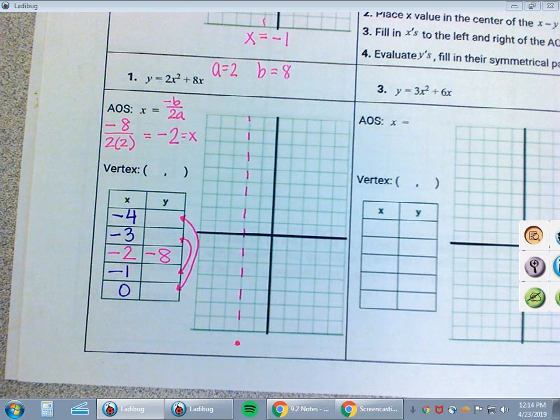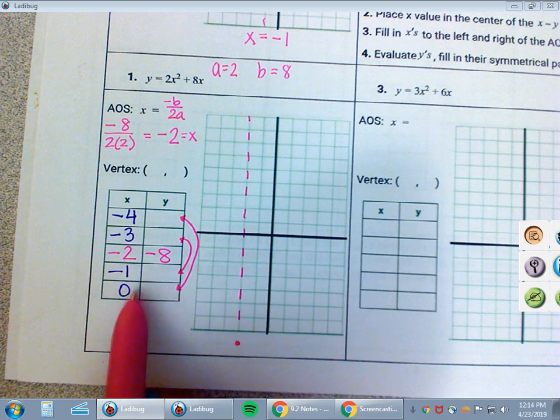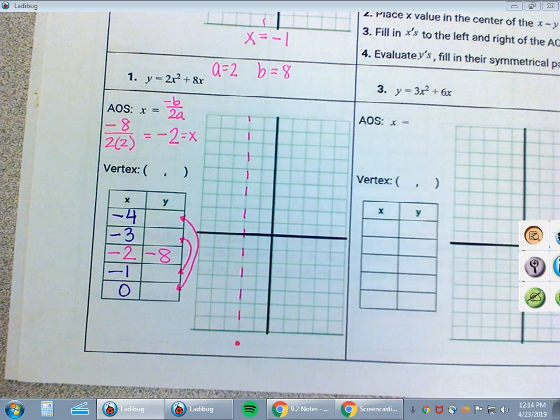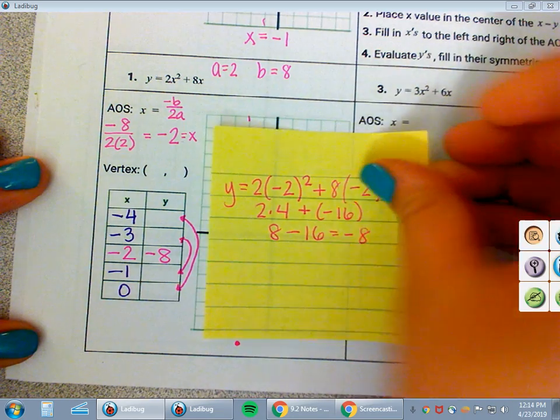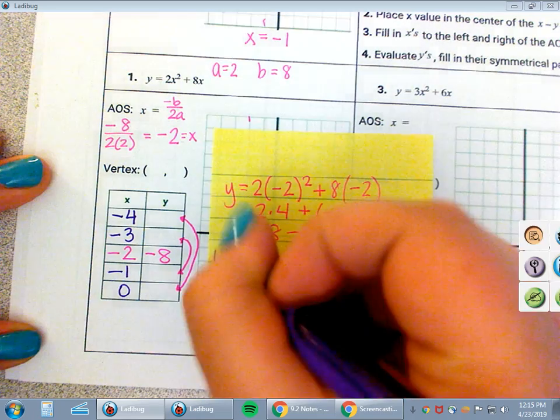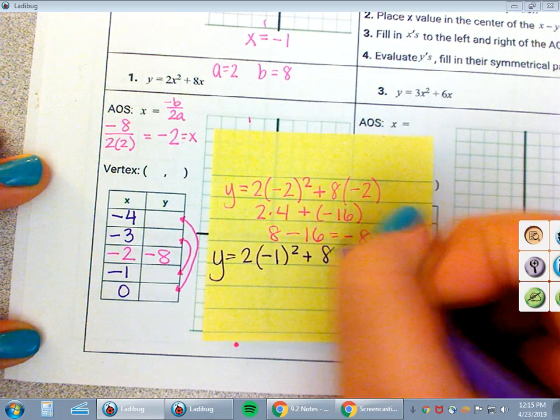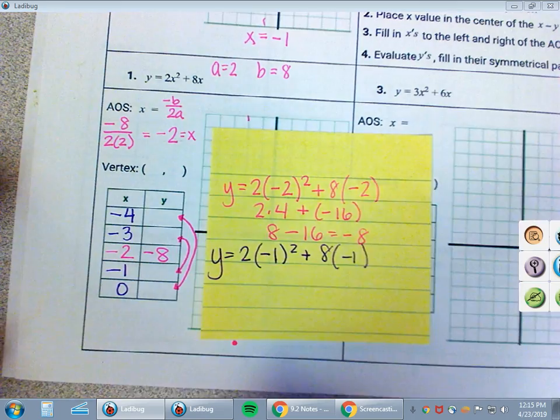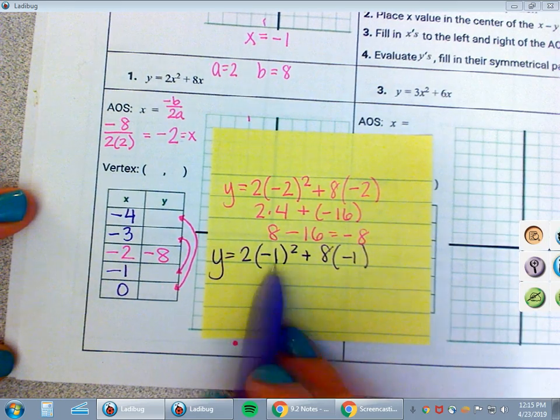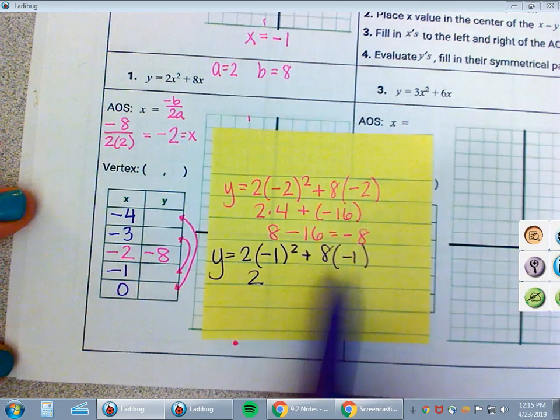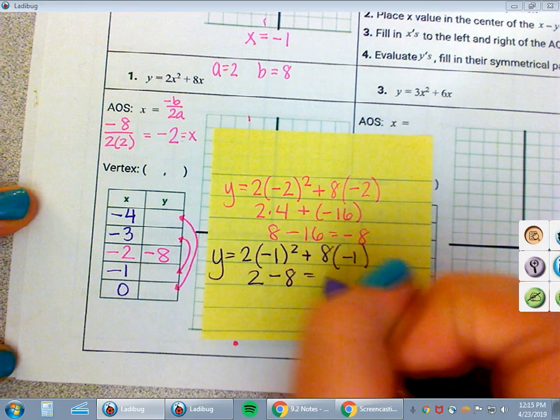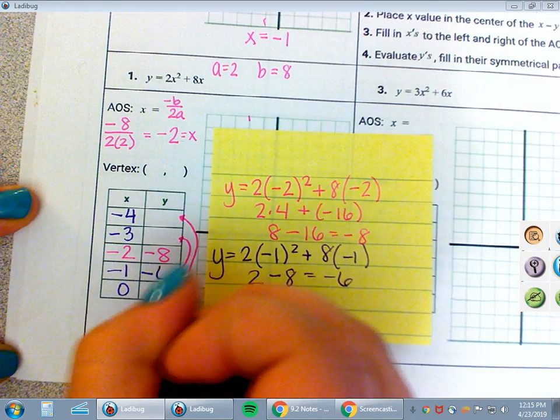And then let's check out the rest of the guys. I like to plug in smaller numbers rather than bigger numbers. So I'm going to choose this one with a negative 1. So if I plug in a negative 1, I'd have y equals 2 times the quantity negative 1 squared plus 8 times negative 1. Negative 1 times negative 1 is 1, so this is just 2. 8 times negative 1 is negative 8, so that's negative 6.